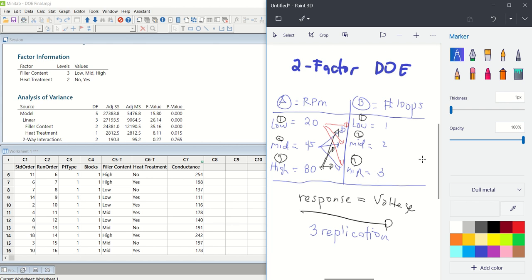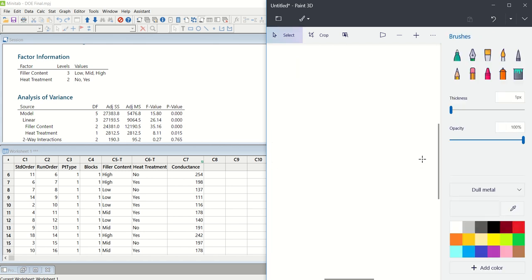If you have, for example, a factor A with 3 levels, so we have low, mid, and high. And your factor B is only a yes or a no. So ganun din yun.